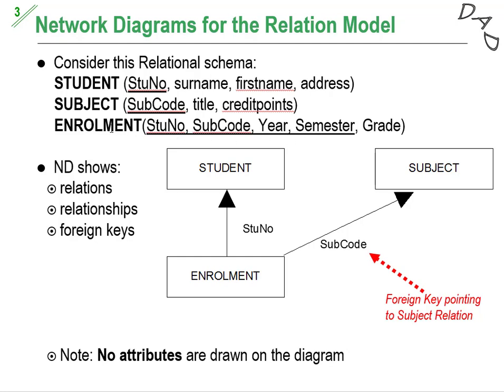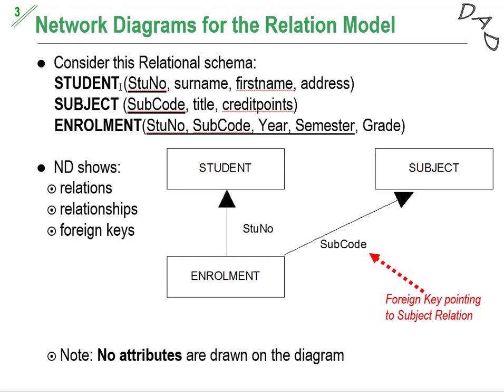That means the enrollment entity borrows student number from the student table, subject code from the subject table, and it has its own two attributes, year and semester. So that means student number and subject code are the foreign keys.